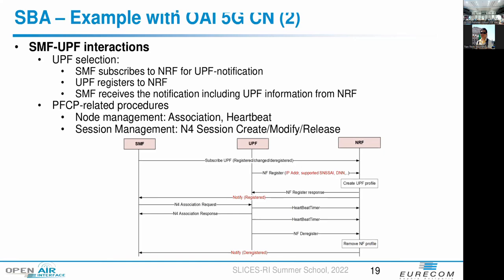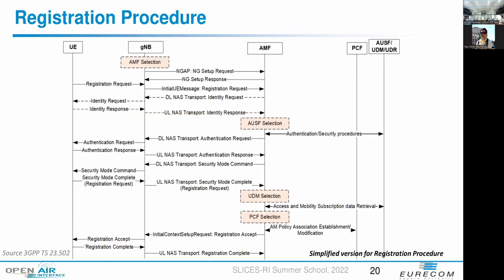So very quick on the registration procedure, basically 5G version from 3GPP. Basically, the gNB selects the AMF based on several information, for example, the network slicing information, PLMN, tracking area information, and then after that, we send the NG setup request to AMF to establish the SCTP connection, and then if everything is okay, AMF will send back the NG setup response.